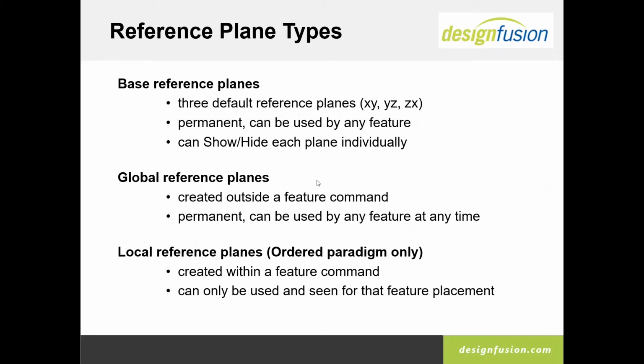Global planes are created as independent planes, and they can be used in the system for various things. One of the popular uses for a global reference plane is if you need to create a plane to mirror about. Local reference planes are created every single time you make a feature. And the nice thing about local reference planes is they're actually hidden automatically when you're not using them.